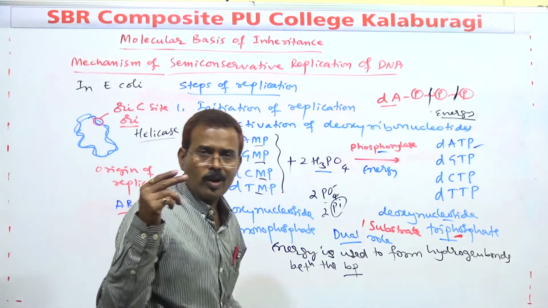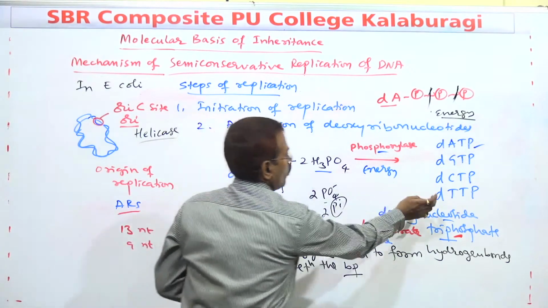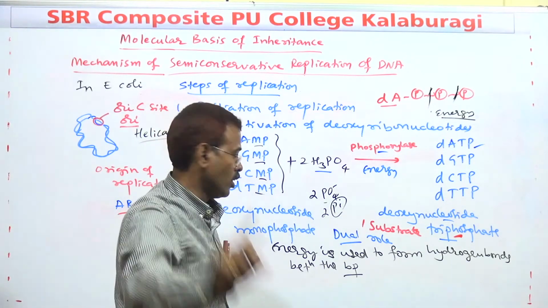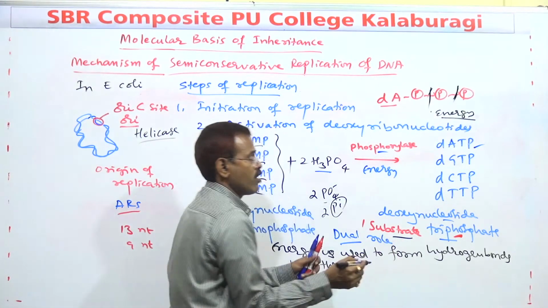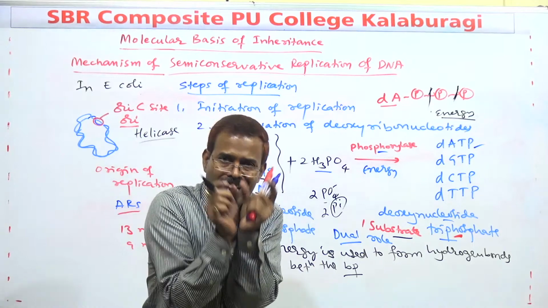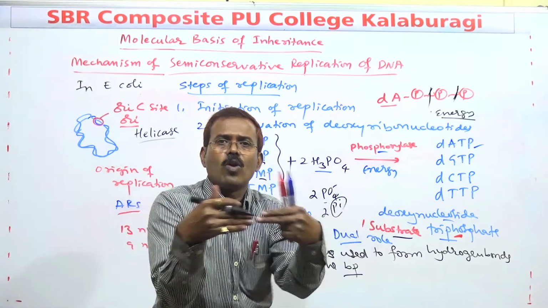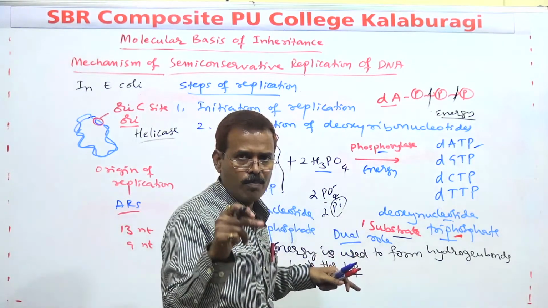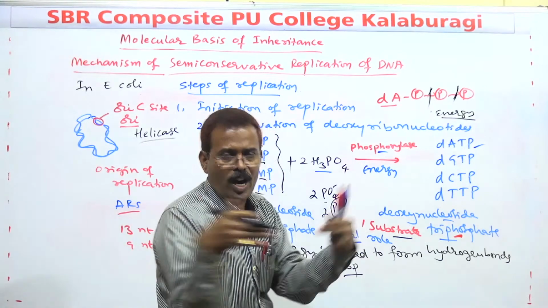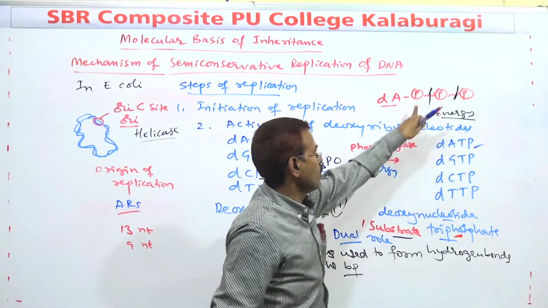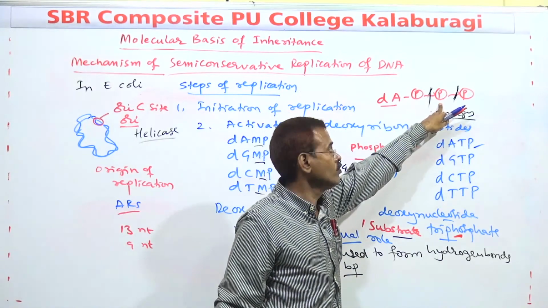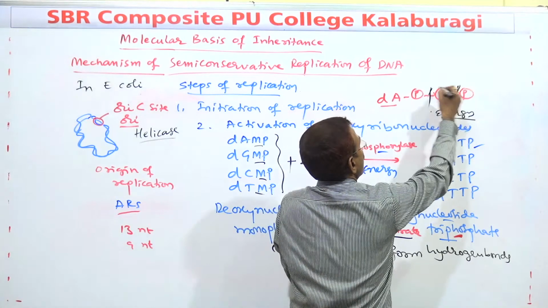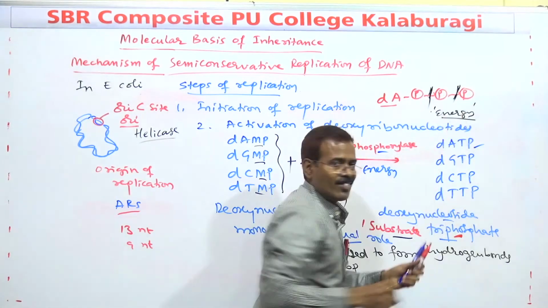So the nucleotides converted into triphosphate form serve two purposes. One, they are used as substrate: the monomeric nucleotide which is joined by phosphodiester bonds to form the polynucleotide chain. Another role: existing as triphosphate, the terminal two high energy phosphate bonds will be hydrolyzed, and large energy is released.